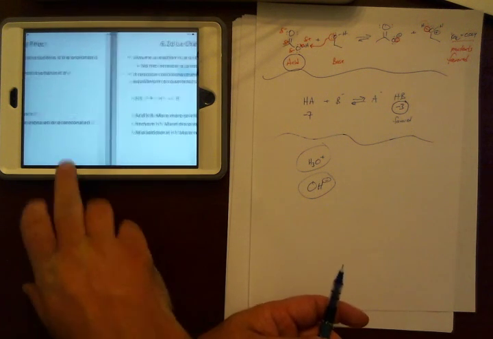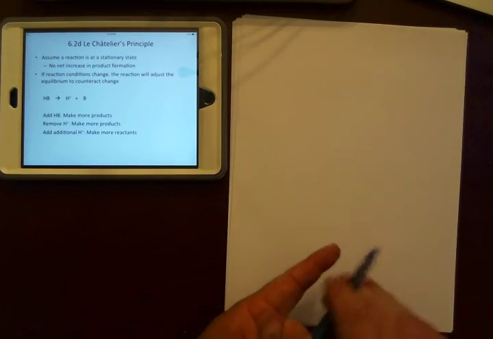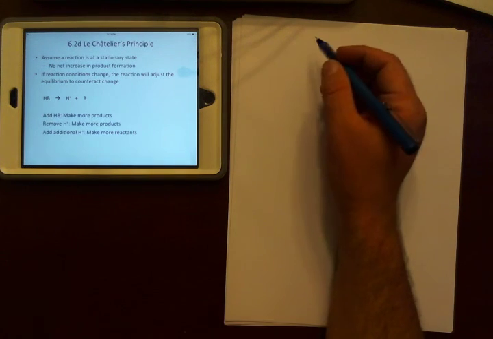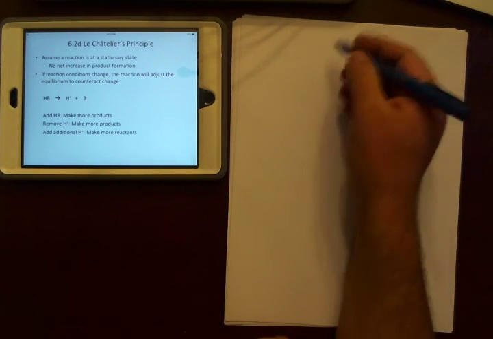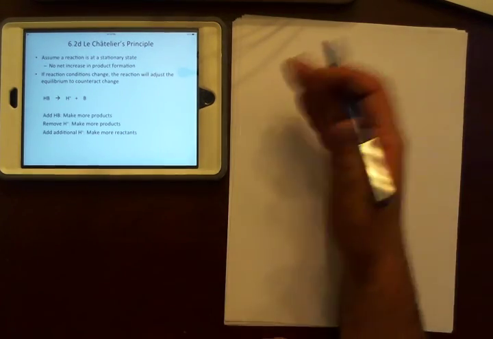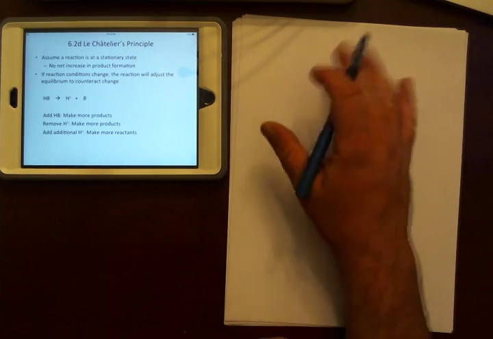Okay, so Le Chatelier's principle. Hopefully you remembered this from general chemistry, and this is something that they talk about quite a bit. In a stationary state, basically there's no net product or reactant formation. It's going equally back and forth, where the forward reaction and the reverse reaction are equal.